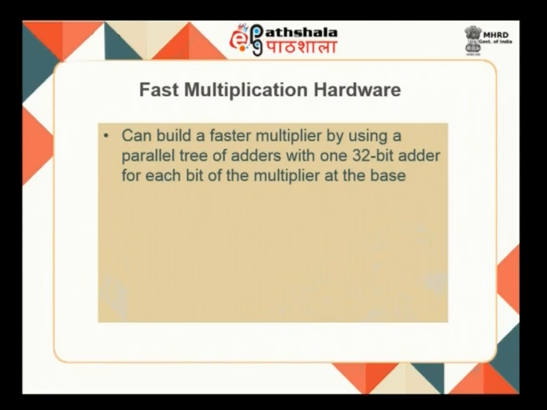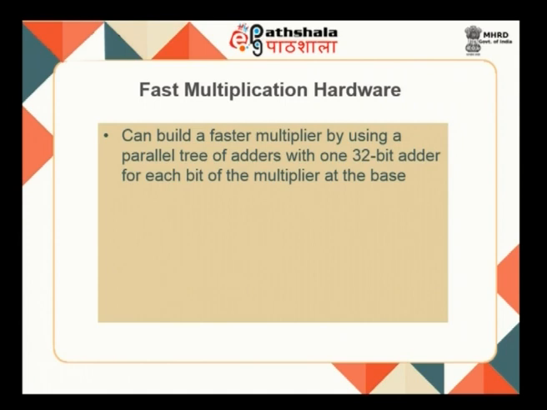Now, having looked at these multiplication techniques, how do you build a fast multiplication hardware? First of all, you will have to try to reduce the number of partial products you have. In order to reduce the partial products, you will have to look at the modified Booth's algorithm, which will reduce the number of multiplier bits to half of the original multiplier bits.